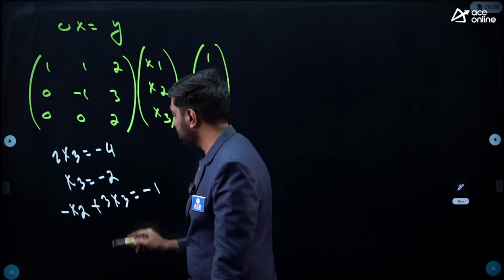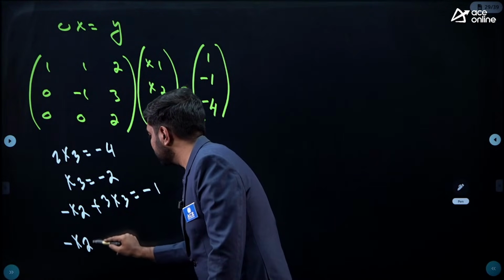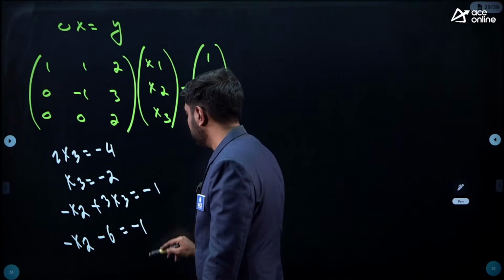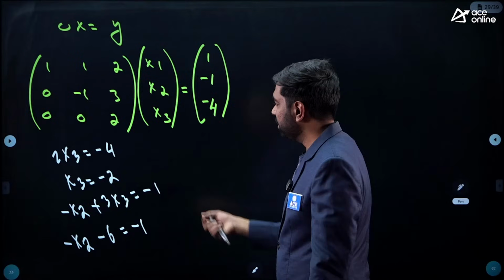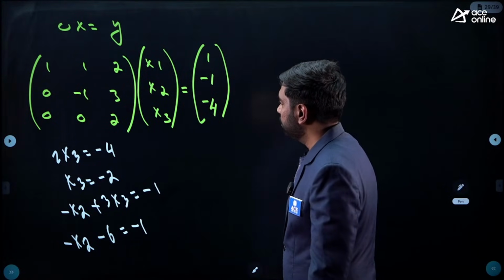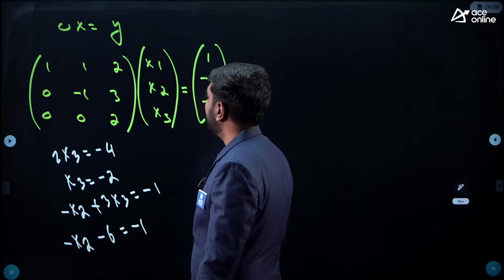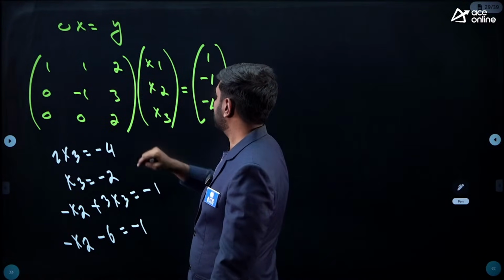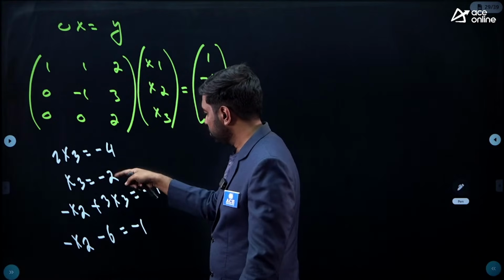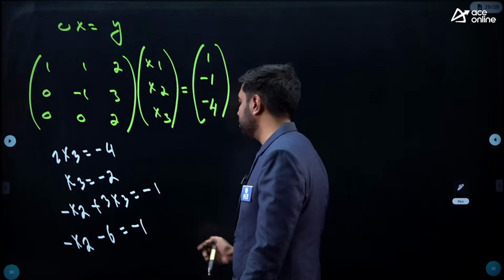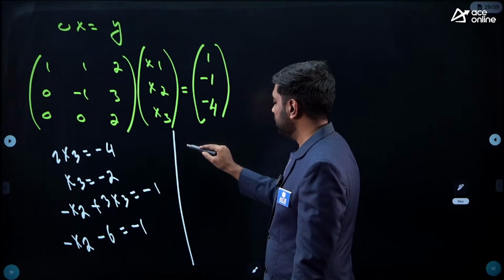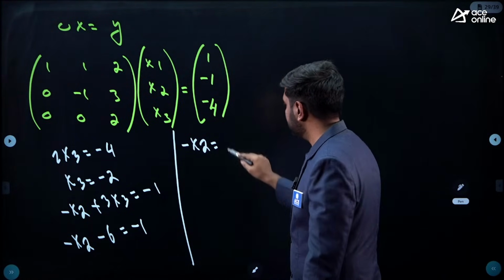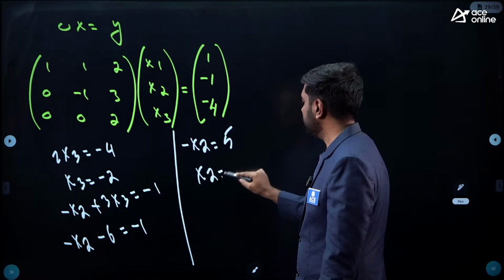So just now you got x3 value, substitute that. So it is minus x2 and then it is minus 6 equal to minus 1. So please check, are the calculations correct? So x3 is minus 2. So when I substitute, this is minus x2 plus 3x3. So this is minus 6 going to the other side. So from this, minus x2 is 5 and the value of x2 is minus 5.